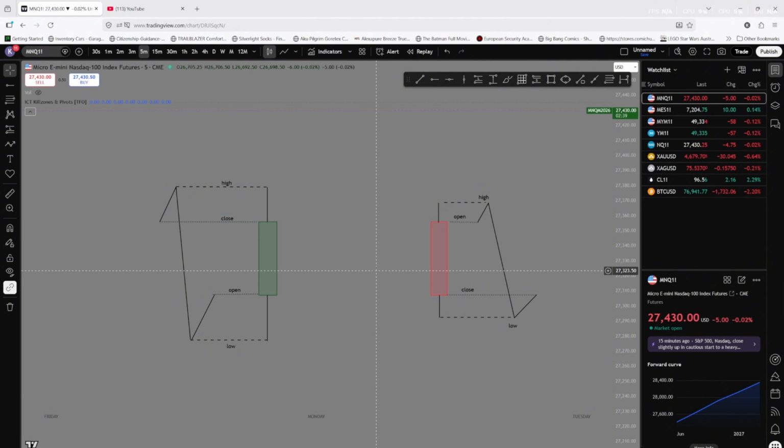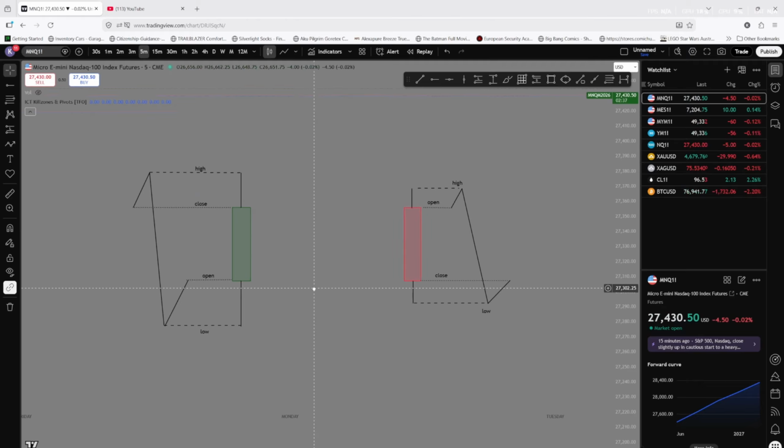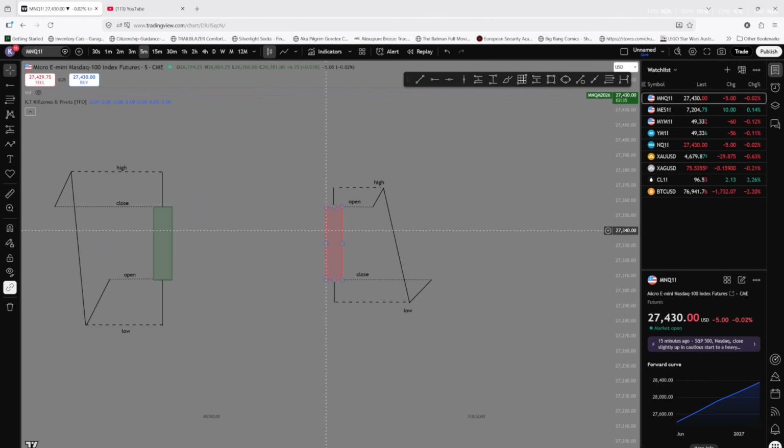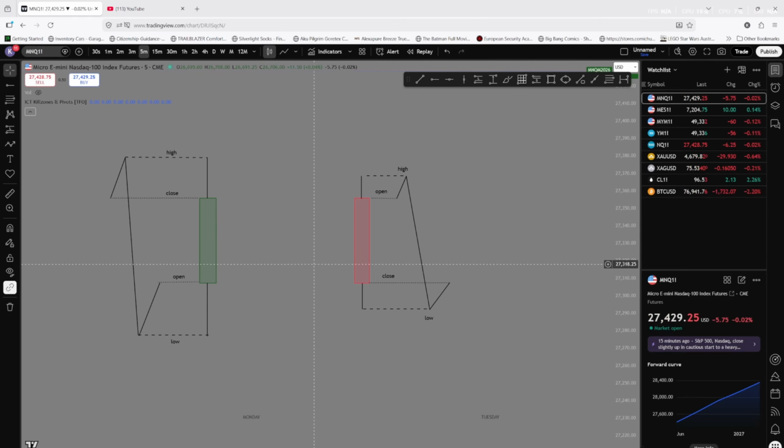That is your candlestick. Moving on to a bearish candlestick, a down candlestick, it is the same concept, except the price opens at the top, moves up, moves down and closes at the bottom. That is it. Simple.